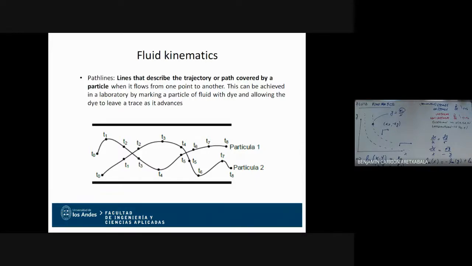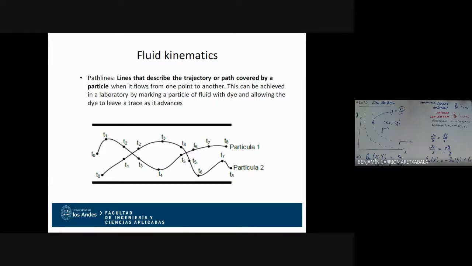So you somehow put ink or dye in one particle, or you track it with, I don't know, a camera. And if you can record every position of that particle, that's going to be a path line. All right. And different particles are going to have different path lines. But if you analyze them all together, you might be able to say something about the flow.